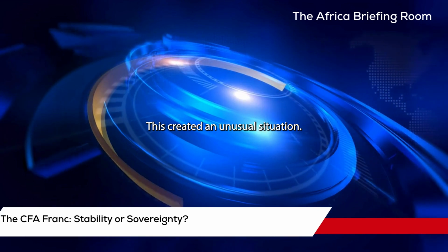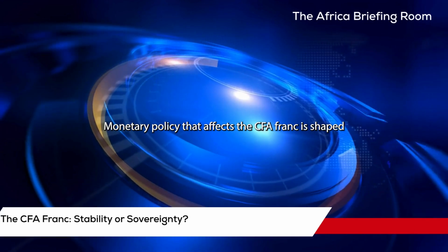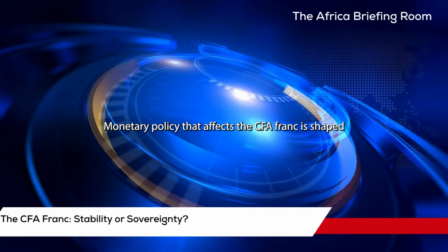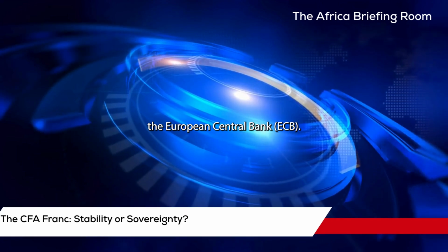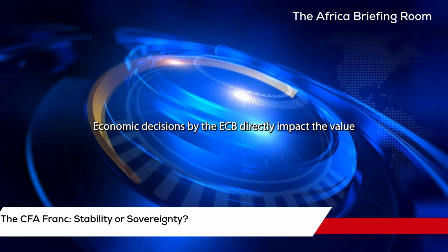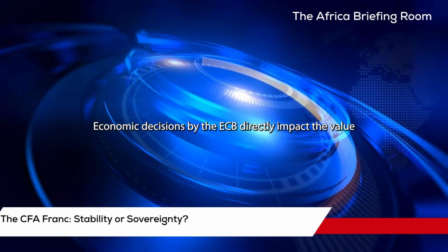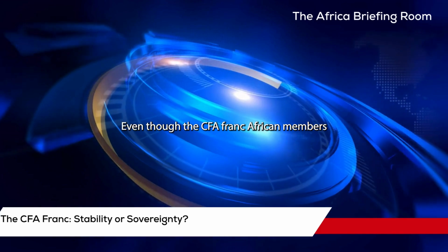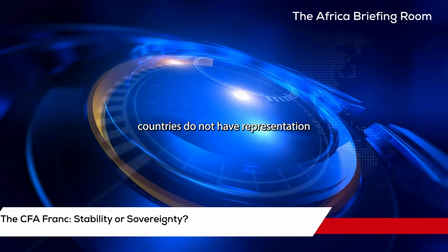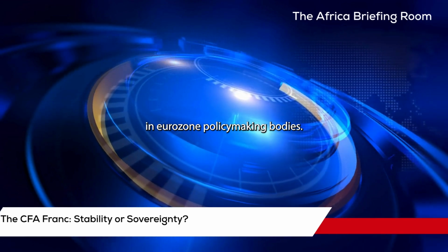This created an unusual situation. Monetary policy that affects the CFA franc is shaped primarily by the European Central Bank, the ECB. Economic decisions by the ECB directly impact the value and stability of the CFA franc, even though the member countries do not have representation in Eurozone policy-making bodies.